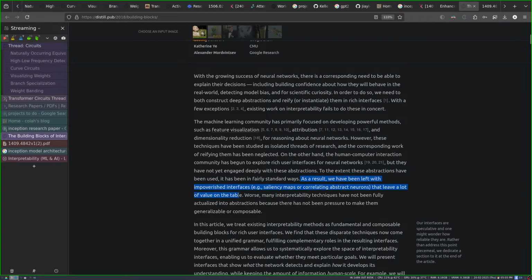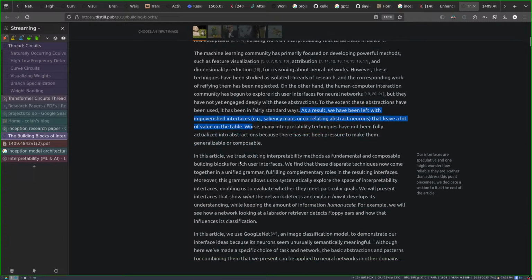In this article, we treat existing interpretability methods as fundamental and composable building blocks for rich user interfaces. We find that these disparate techniques now come together in a unified grammar, fulfilling complementary roles in the resulting interfaces.